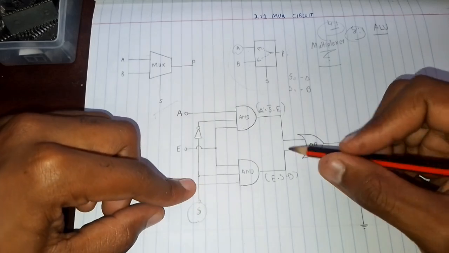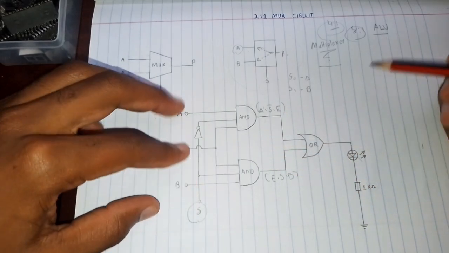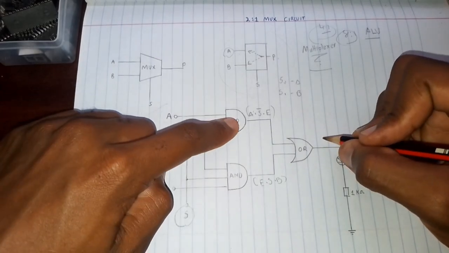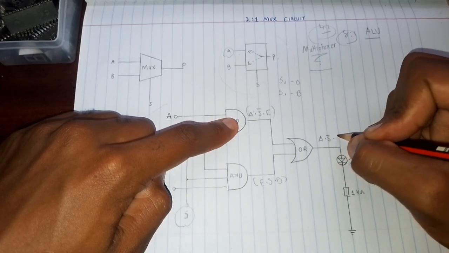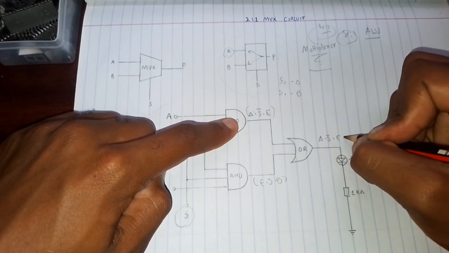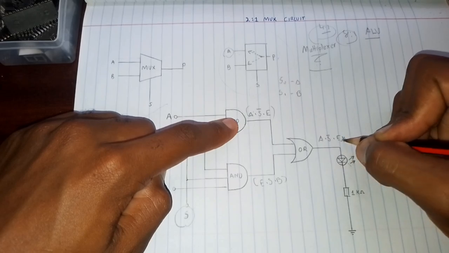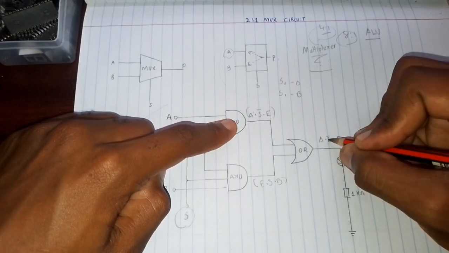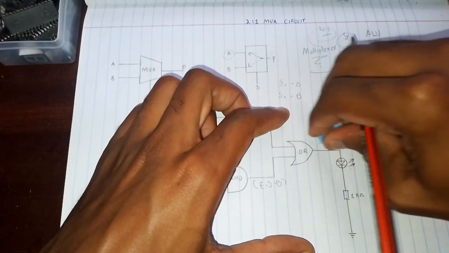Those two outputs of the two AND gates enter an OR gate, and the output becomes A dot S complement dot enable, OR enable dot S dot B. Sorry for that, let me start it all over.